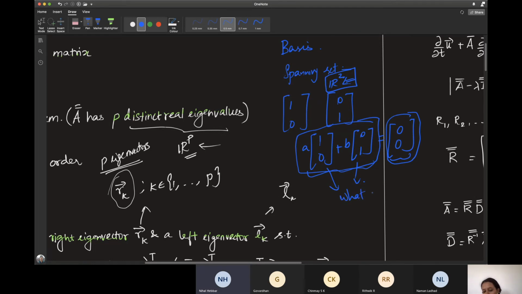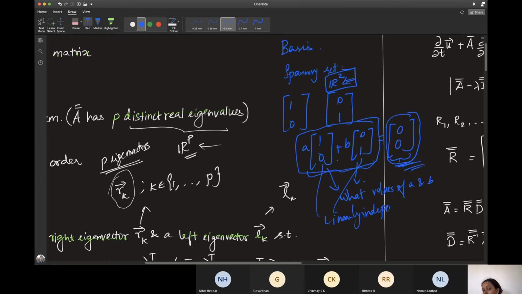A and B have to be zero. Only this possibility leads to a zero vector. No other values for A and B can give you a zero vector, so these two vectors are linearly independent.